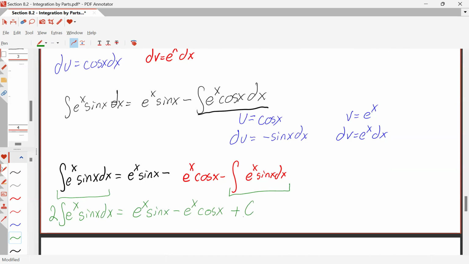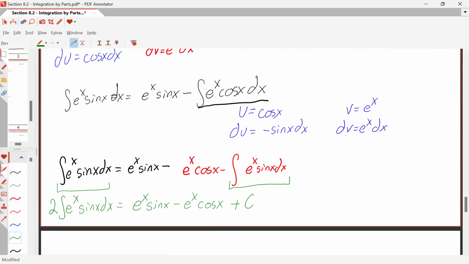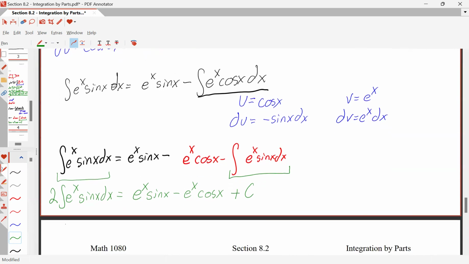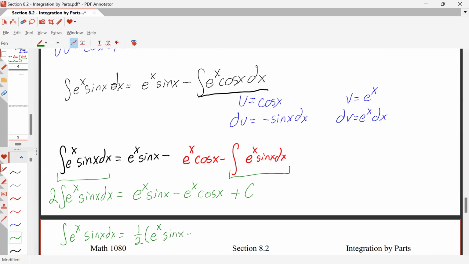We can divide by 2 and ultimately get that the integral of e to the x sine x dx is equal to 1/2, dividing everything by 2, e to the x sine x minus e to the x cosine x plus c.